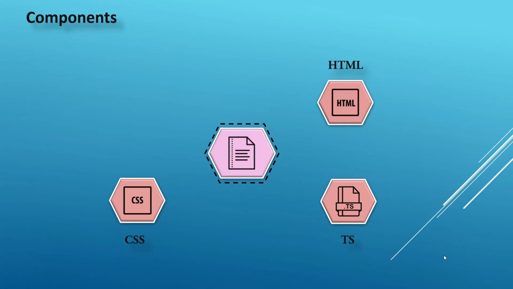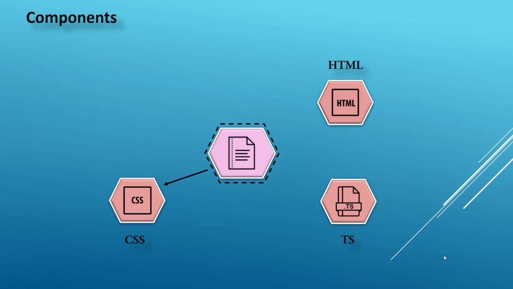Okay, so you can show one page by having multiple components, like 10 components, 20 components, any amount of components you can create for one single specific task. Then CSS, how we have done this CSS part: all the HTML decoration CSS will do.